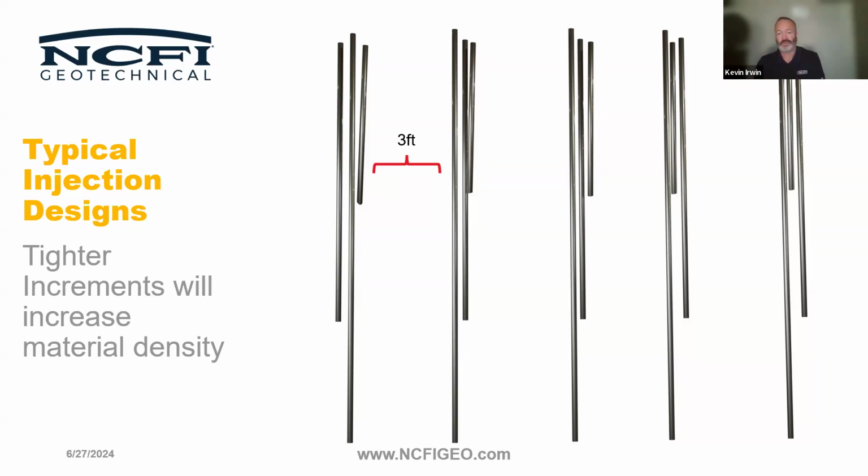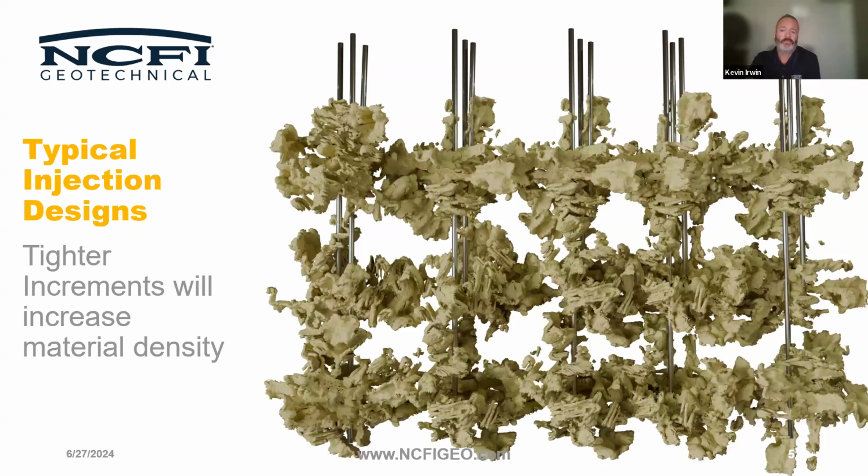They're pushing on each other. And then, of course, we can get into designs where we're basically creating a box first and then injecting in the center, so that we've already got confinement around that area. So tighter increments, we're going to increase the material density because we're closer together.